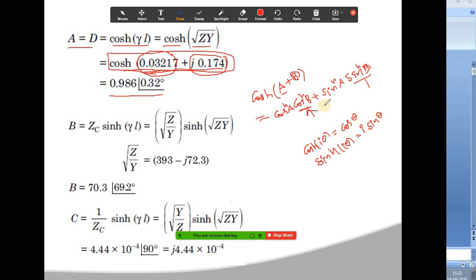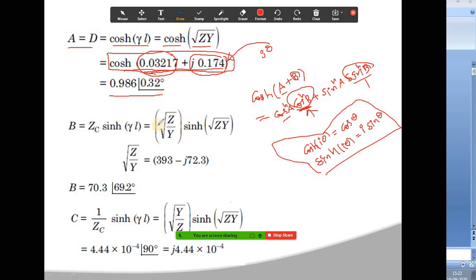In these two terms, we are getting the complex number j 0.174, so let us call this j theta, and that theta value here is 0.174. Now cosh a here is a real number only, so there is no problem with that number. So if you use these two formulas, now you can use your calculator for calculating those values.